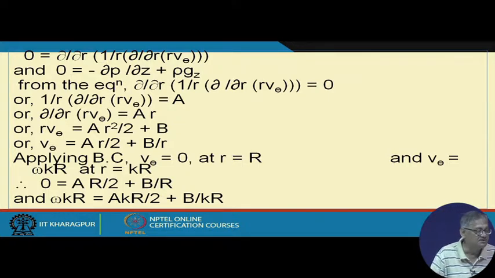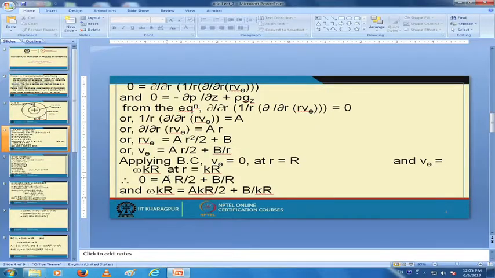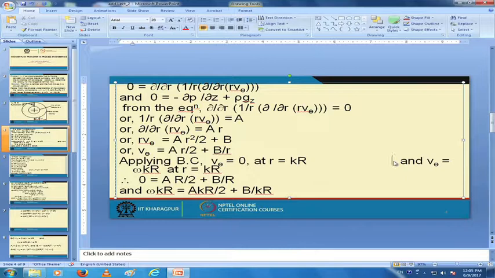Okay, since we can do it, let us look into this and do that. The boundary condition was V theta is equal to 0 at r is equal to kr, and we can write V theta is equal to omega r at r is equal to r.